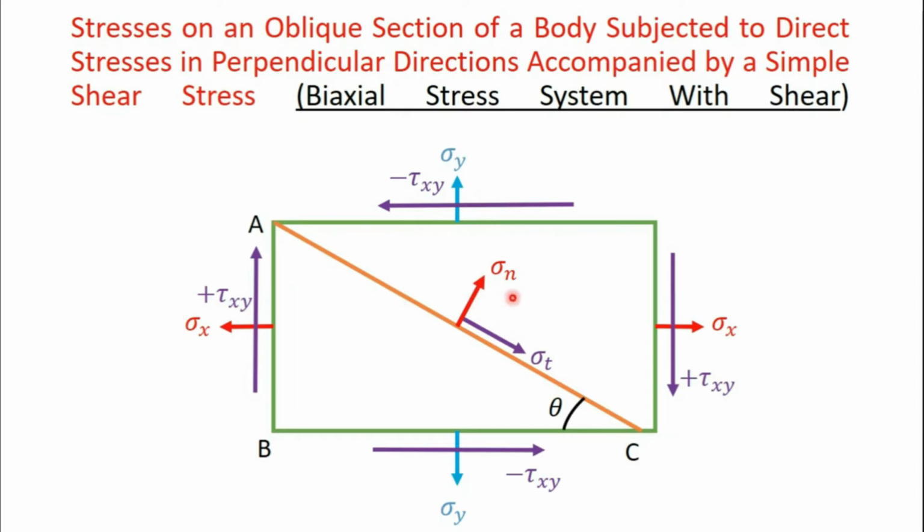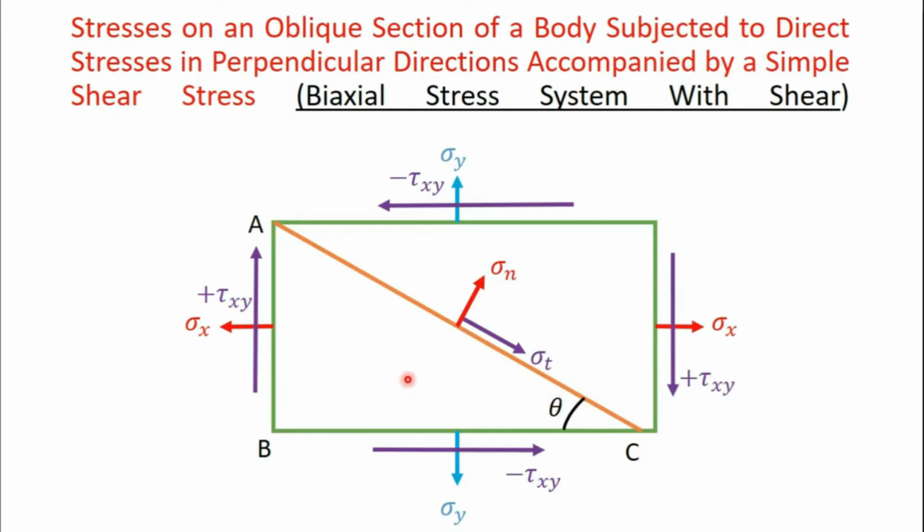What we have to do is find the general equation of sigma n and the general equation of sigma t, and you can also find the resultant of sigma n and sigma t, which is sigma r. So this is what we intend to find, and if the plane varies with respect to theta, then sigma n and sigma t will also vary with respect to theta.